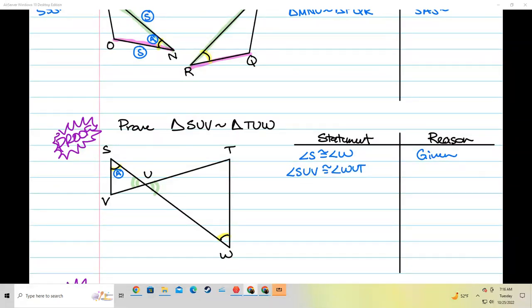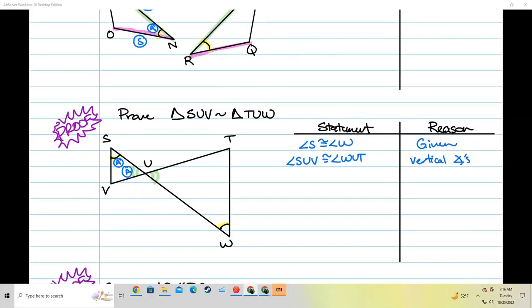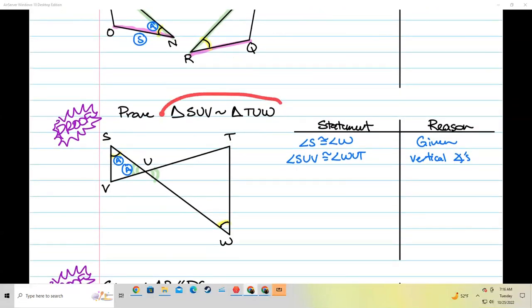Well, this is true because of vertical angles. And that gives me another angle, and that is enough to say that the triangles are similar. So I get to go ahead and say that triangle SUV is similar to triangle TUW. How did I know that? Well, I knew by angle similarity, and I'm done with that proof as well.